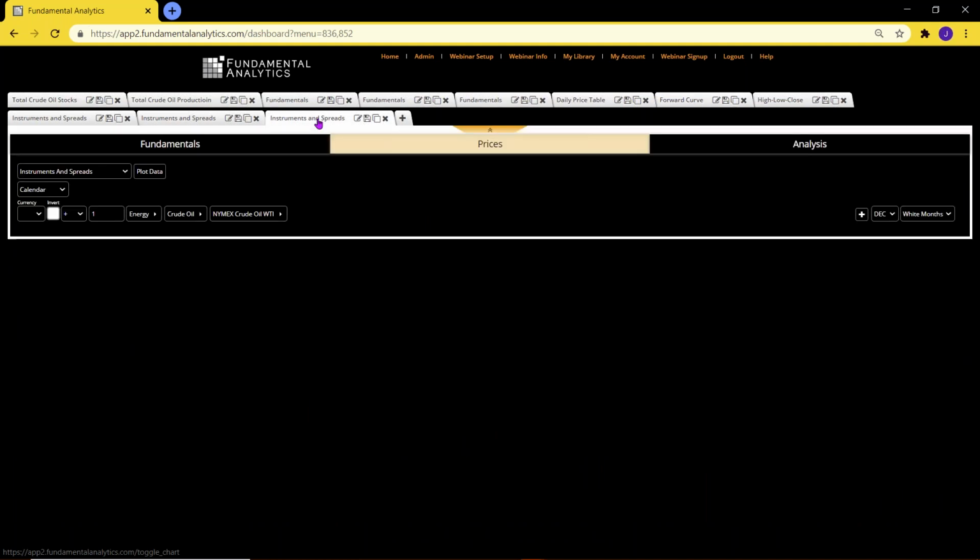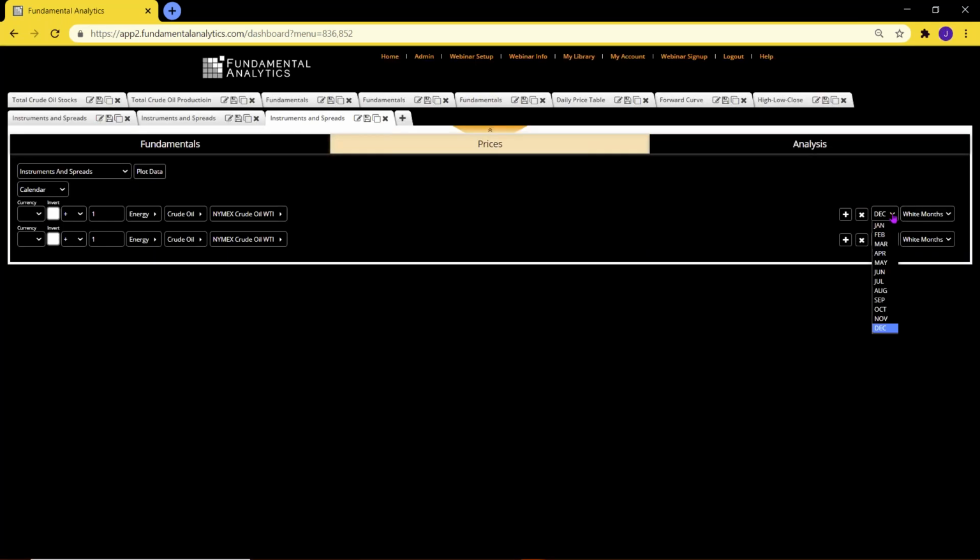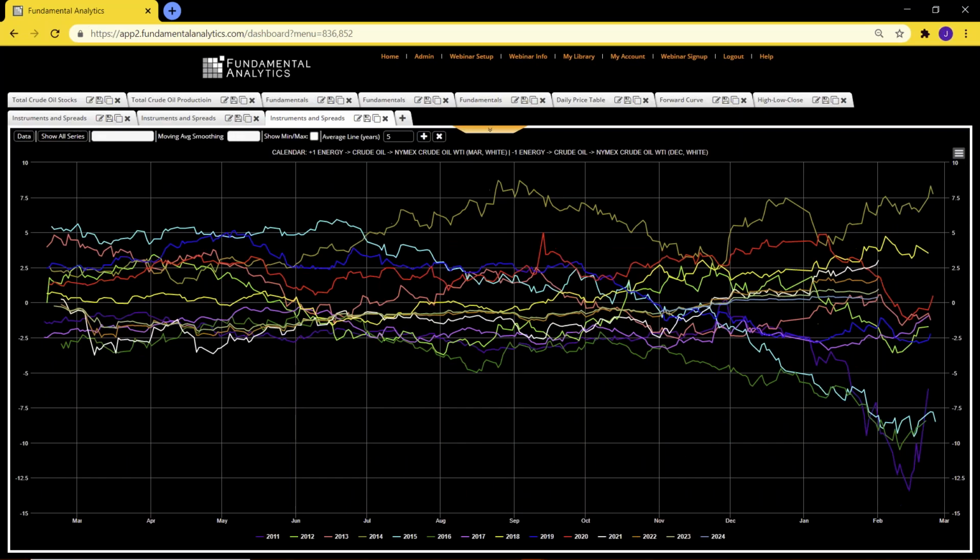So I go back here and I'm going to add a position. For example, I wanted to see the March-December spread. I bring up those two and do the subtraction. And there is what they call the March-December calendar spread.